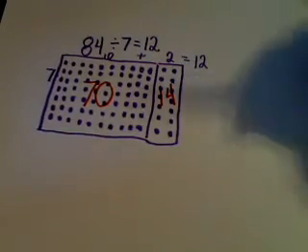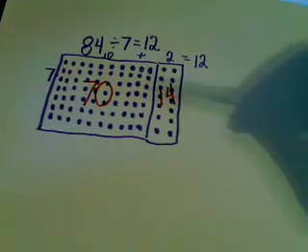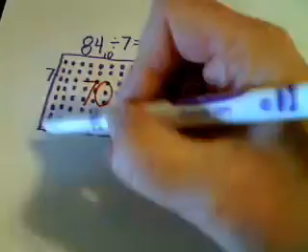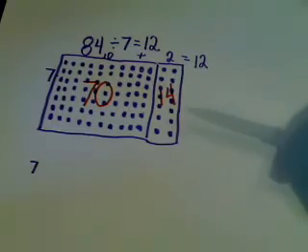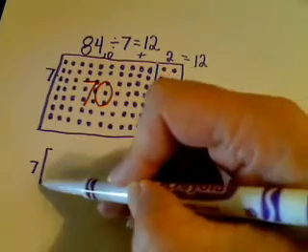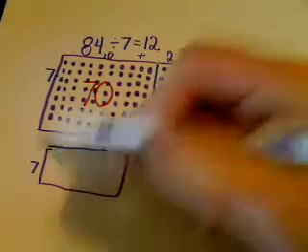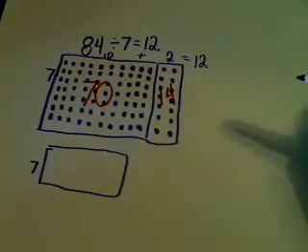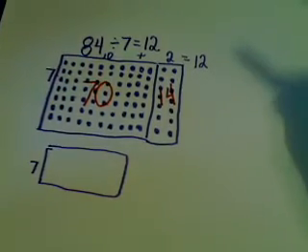Now, if I turned this into an area model, I'm going to do the same exact thing, except I'm not going to draw those dots. So I still have a side length of 7 because that's what I'm dividing by. And in the space that I'm creating, I know there's 84 imaginary dots. 84, again, is kind of tricky to play with, so I'm going to start off small.